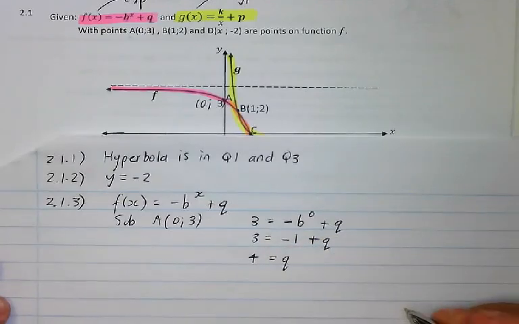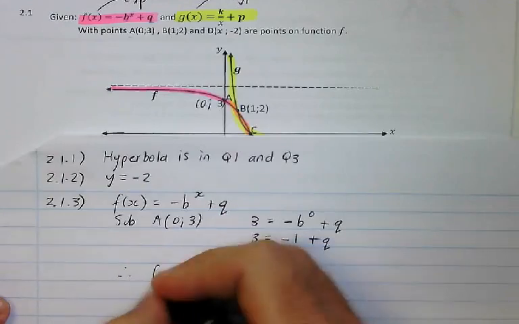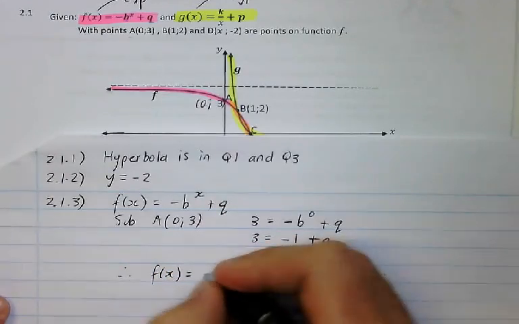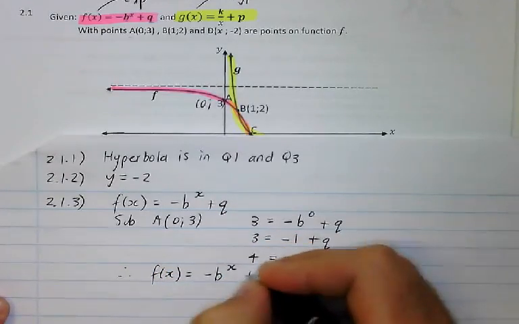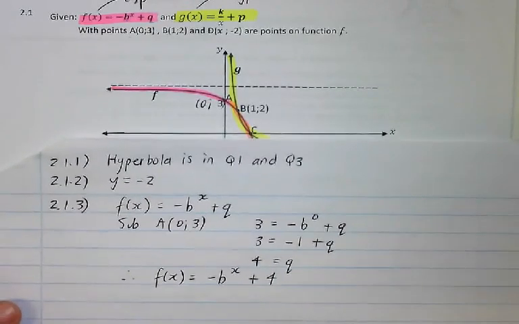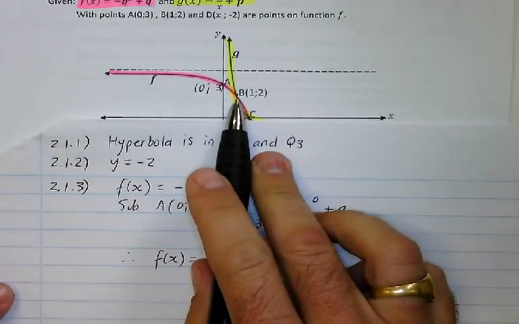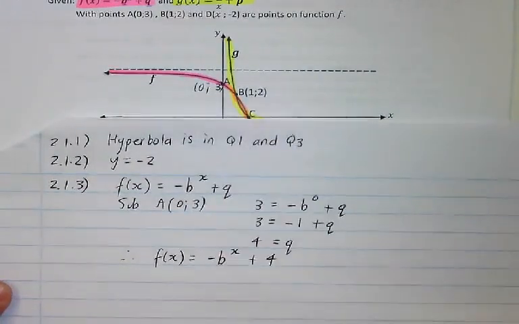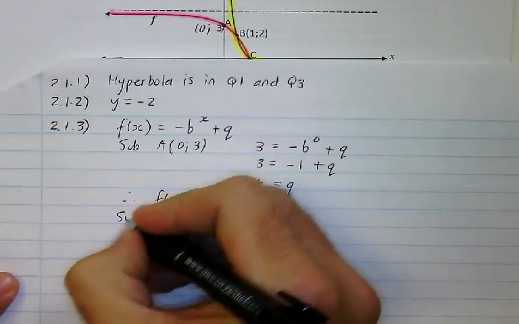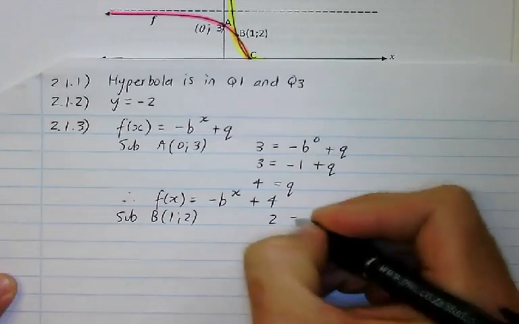Now we can say f(x) is equal to negative b to the x plus 4, because we know q is 4. Now we have to work out the value of b. We've got another point that we could sub in, and that's B, which is (1; 2). So 2 is equal to negative b to the 1 plus 4.